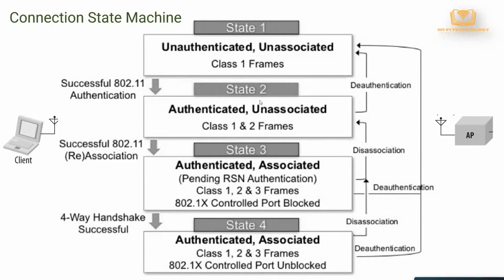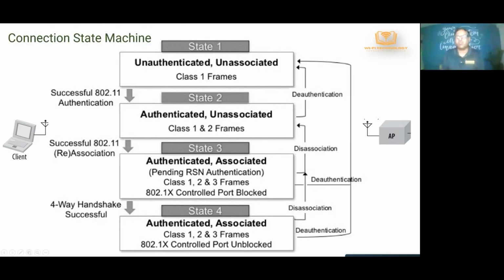So when we come back to the connection state machine of a client with an access point, these are the various states in which the client can be with respect to the access point. The client could be in state 1, which means it knows that the access point exists, but it is not authenticated and not associated with it. Now, if it finishes the authentication process, then it has successfully authenticated.